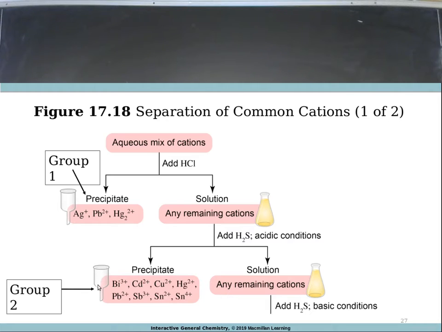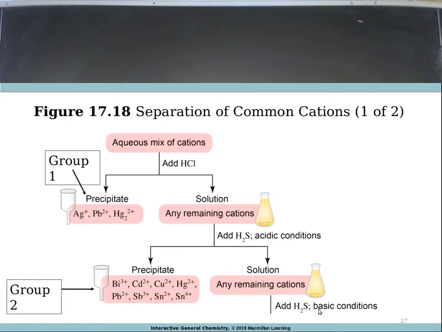Here they are: bismuth 3+, cadmium 2+, copper 2+, mercury 2+, which is different than the mercury in the first group, lead 2+, antimony 3+, tin 2+, and tin 4+. So you add H2S under those acidic conditions. If you have a precipitate, filter it off, and you'll know you have one of these metals. Then take the filtrate, and you can continue to analyze it.